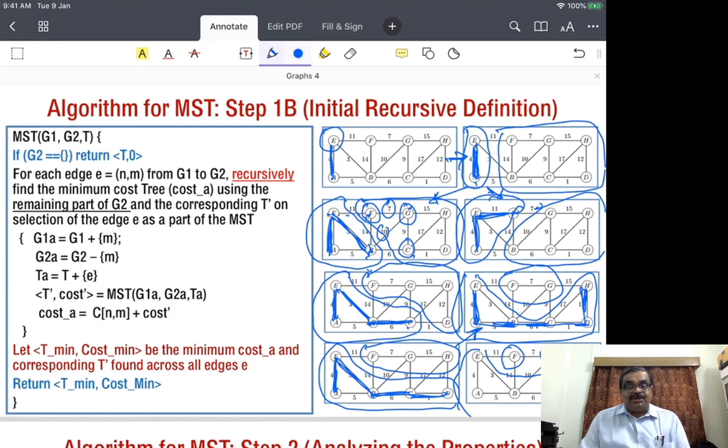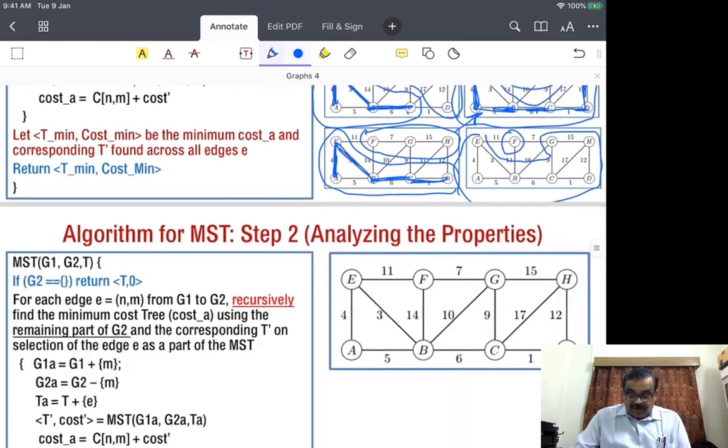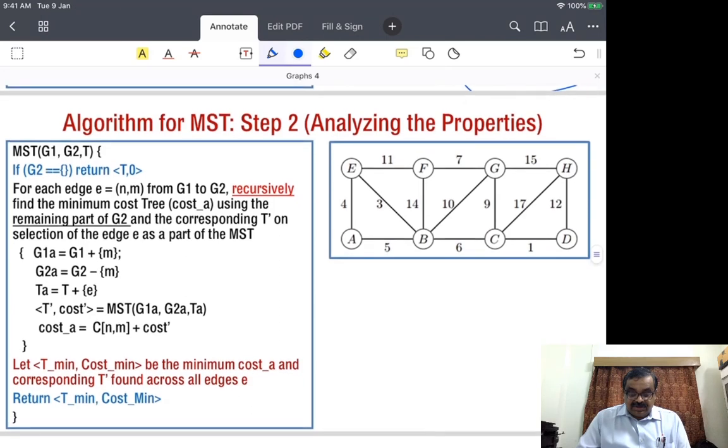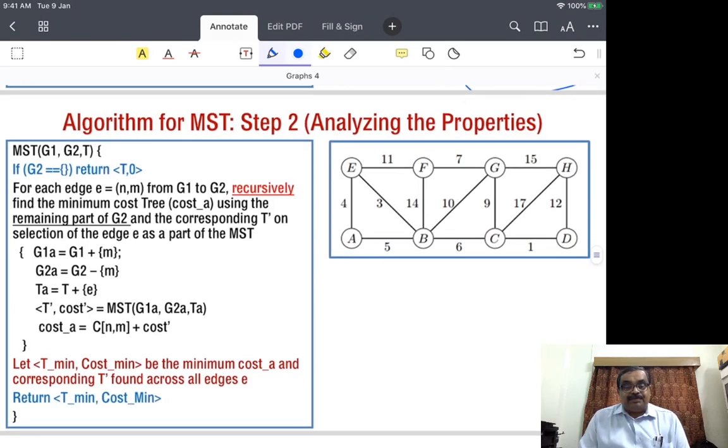If you open up the recursion, let us see how we analyze the properties. As we have seen in the example before, if you open up the recursion, then you will get a large number of options and a lot of identical options. But if we analyze the properties very carefully, then we will see that there are certain very interesting observations that we can make.